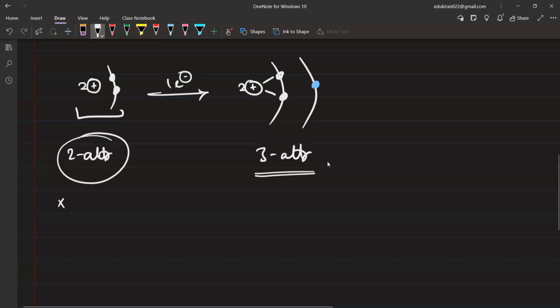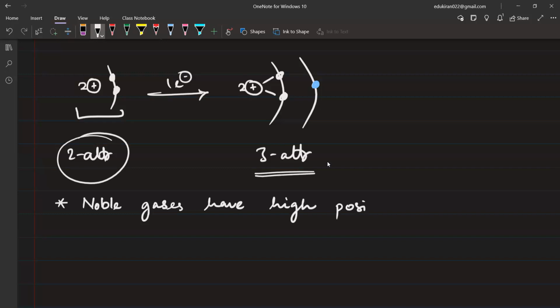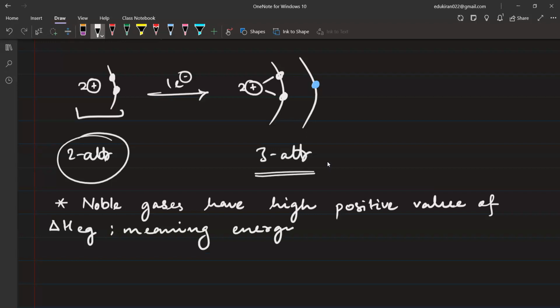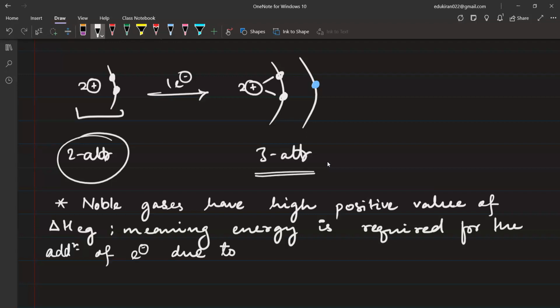Please write here. Noble gases have high positive value of delta HEG, that means electron gain enthalpy, meaning energy is required for the addition of an electron due to stable electronic configuration.